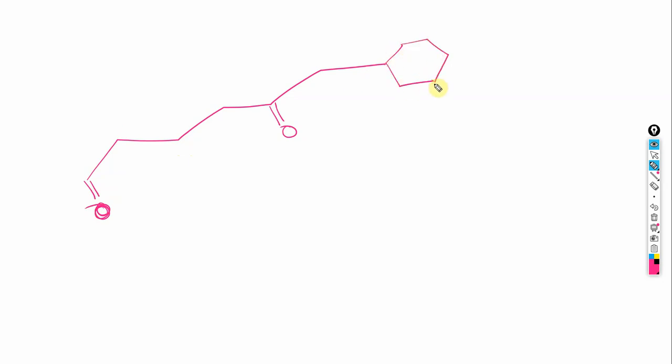So let's take an example for now to quickly look into this. Let's say you're given a structure like this, and let's see if I can add some more.